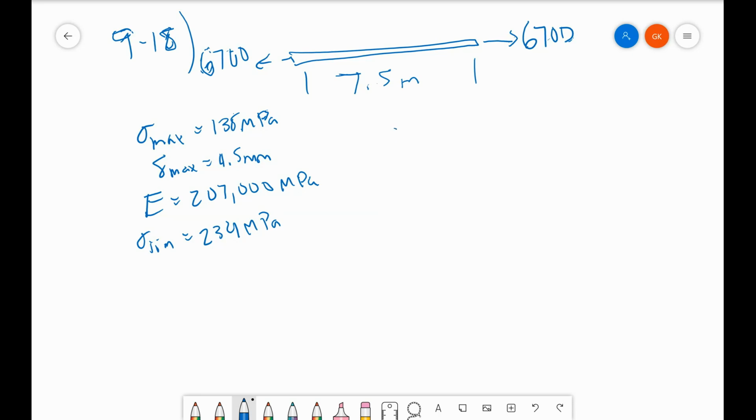So stress is equal to our load over my area. I'm solving for the area. So area is equal to the load divided by the stress.